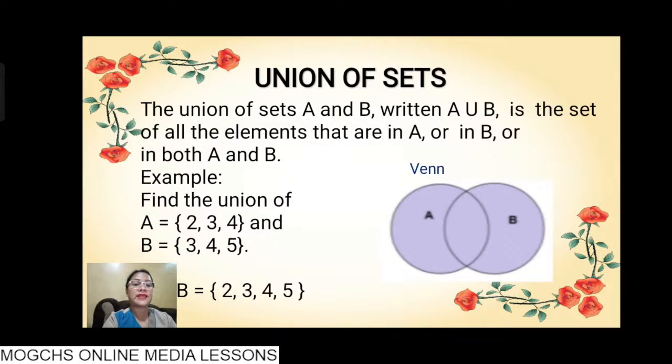So, we will have set A and set B. Since the common elements are 3 and 4, we will place them in the center where the circles overlap. And the element in A that is not in B is 2. Then the element in B that is not in A is 5.